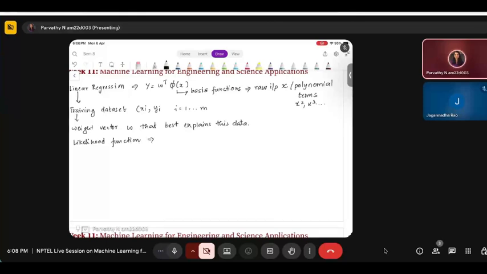So this means the probability of observing the entire data set is the product of the probability of each individual sample.